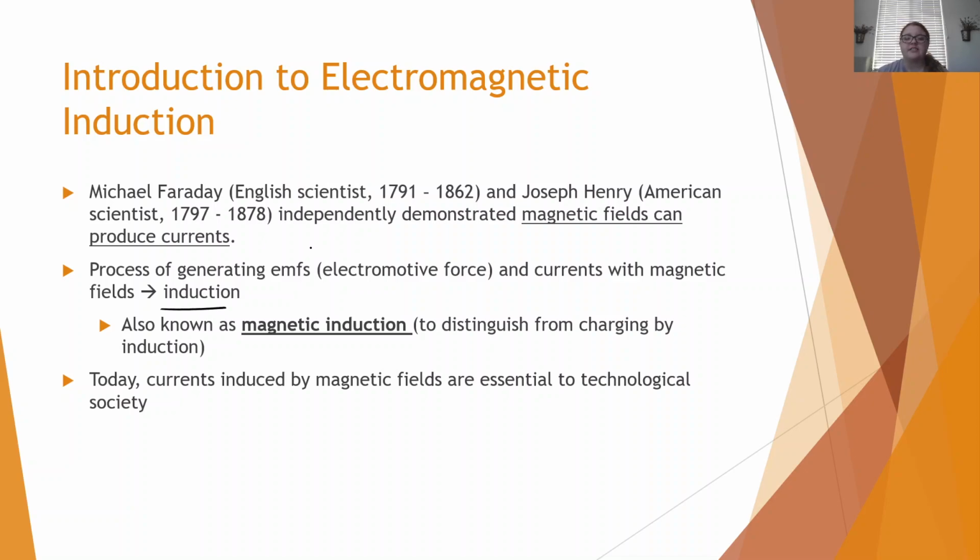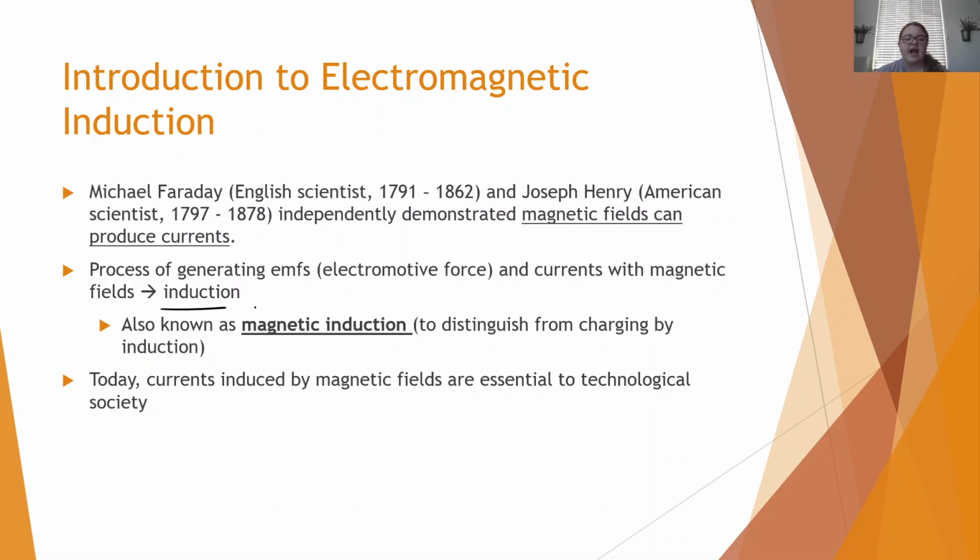These two scientists actually found that the exact opposite is true as well, that magnetic fields can produce currents. And this process of generating EMFs, or electromotive force, and currents with magnetic fields is called magnetic induction.